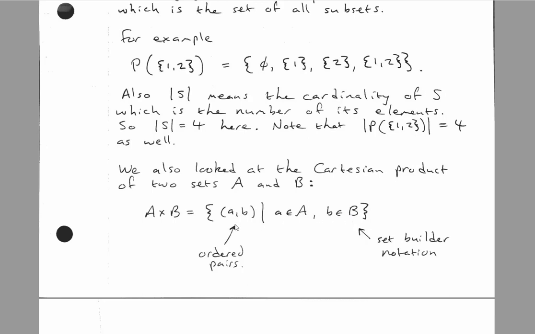We're showing it here in set builder notation: the set of all ordered pairs such that little a comes from the first set A, little b comes from the second set B. We haven't used Cartesian products much in this course, but it's another way to think about functions. Functions are ordered pairs with an x and a y.